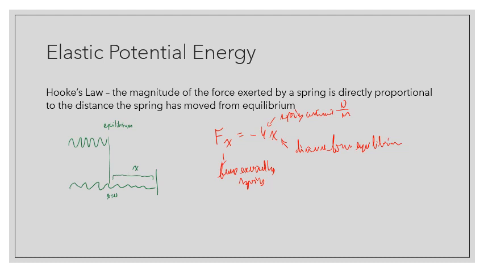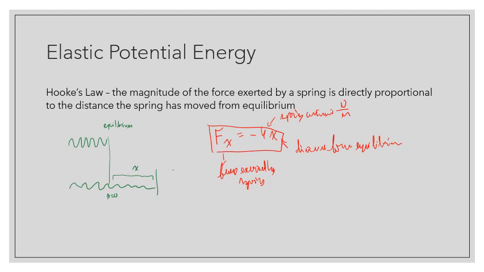This is the spring in equilibrium, and now we are compressing it. Now we're pulling it, so that gives this distance x. If we compressed it like this, then there would be this distance x. It will depend on the reference frame you're using as to whether that will be positive or negative.